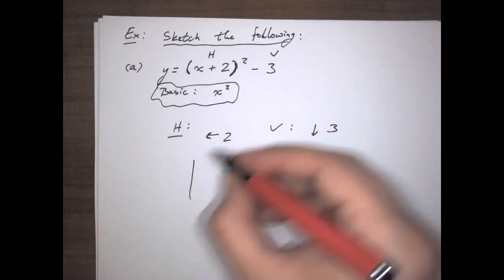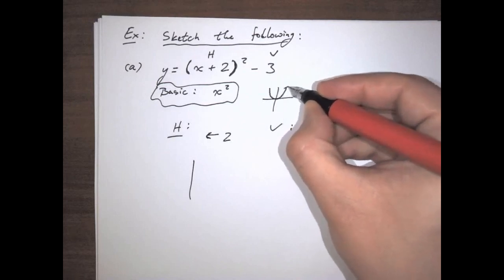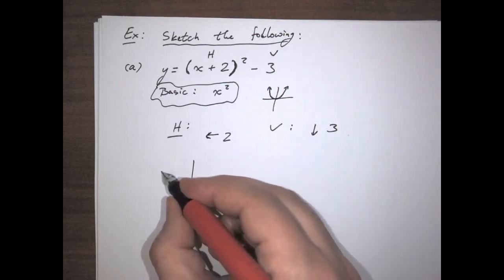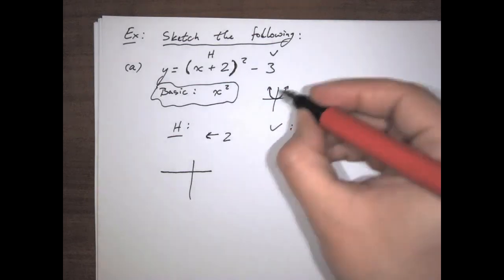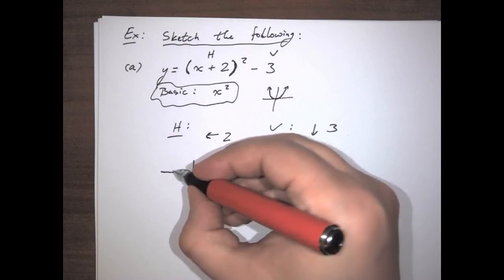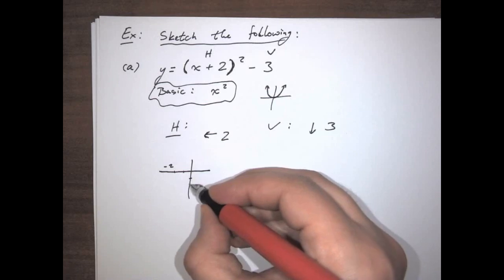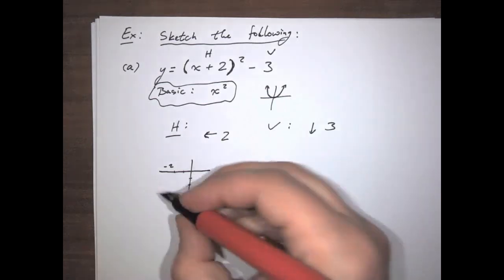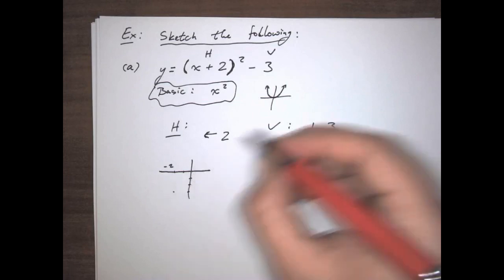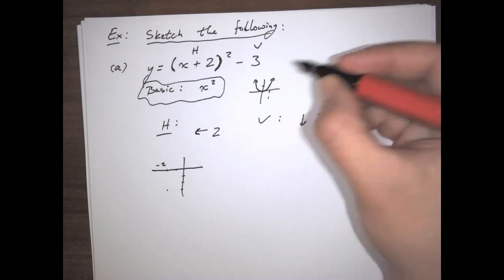So we're taking our old friend x squared, which looks like this, and we're going to give it those 2 shifts. So instead of the vertex being at the origin, it's going to be left 2 units. And instead of it being at a y value of 0, it's going to be down 3 units. Other than that, though, the graph is still the same old parabola. And the important thing about the parabola is that 1 squared is 1.